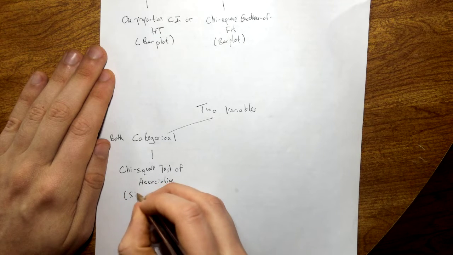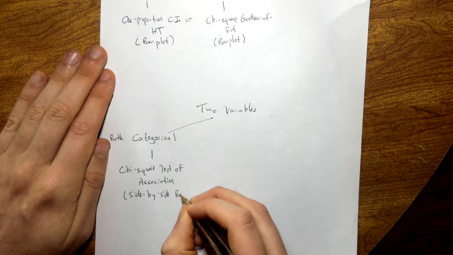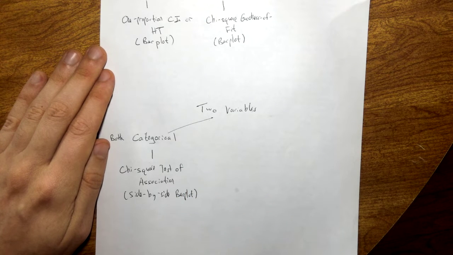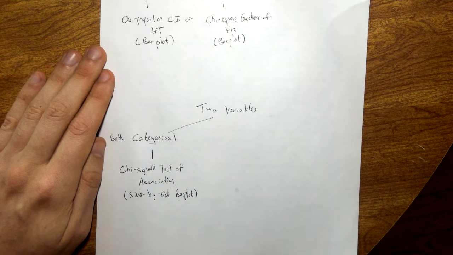The graph we did was a side-by-side bar plot. Like that baseball example, where we looked at whether hitting 10 or more home runs was associated with player position. Both were categorical, so we did this test, and our plot was a side-by-side bar plot.